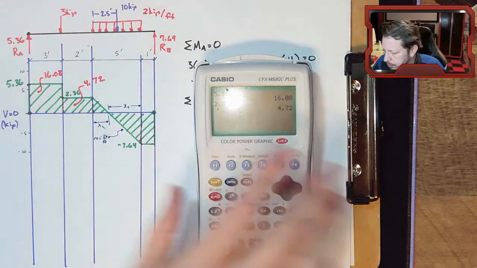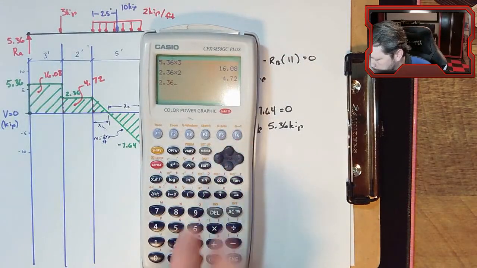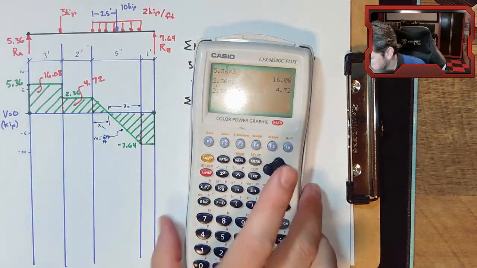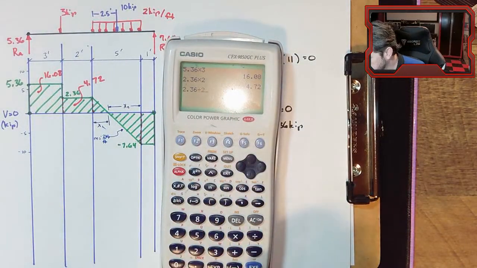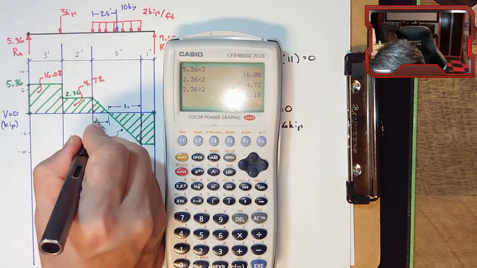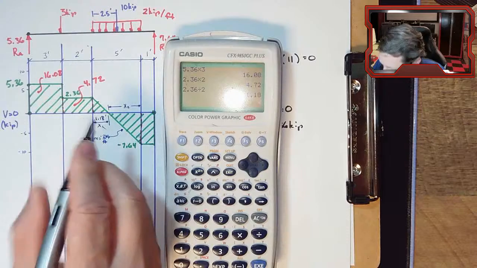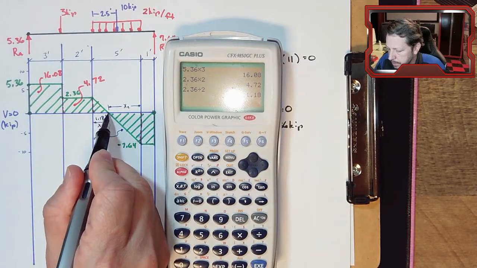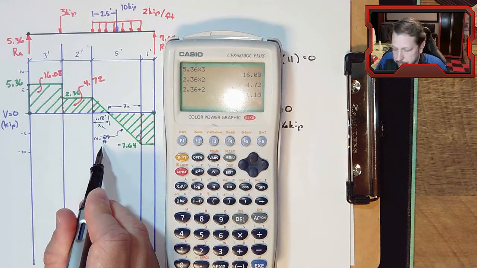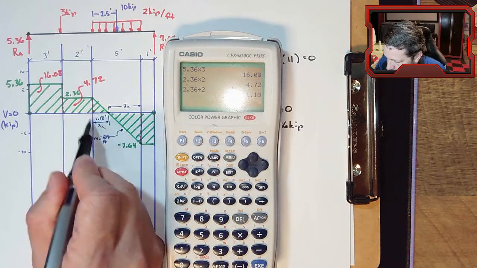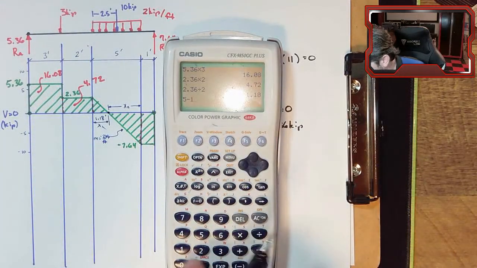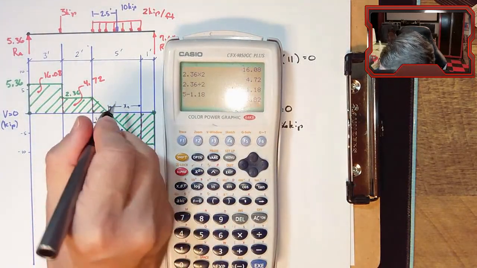So if I'm at 2.36 and every foot that I go over, I'm losing 2 kips, all I need to do is divide by 2, and that will tell me how many feet, 1.18, how many feet it takes before I reach 0 from 2.36 at a rate of negative 2,000 pounds per foot. And once I know this 1.18, I can take 5 minus 1.18, 3.82 for this distance.